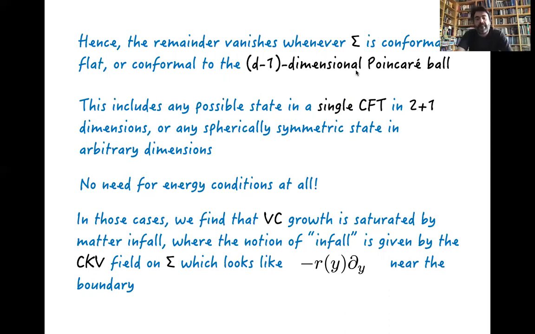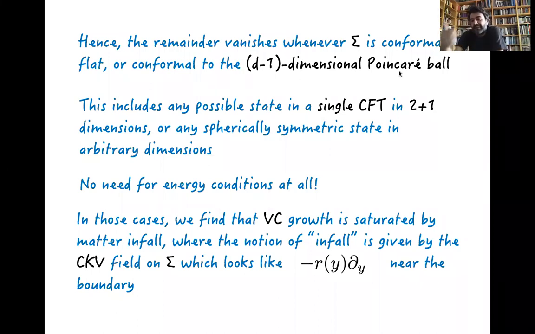Totally general. The other case is any spherically symmetric state in arbitrary dimensions, for any energy momentum tensor. So this intuition that you could approximate any matter distribution by thin shells somehow comes to pass. Any spherically symmetric matter distribution will have a sigma which is spherically symmetric, and therefore it will be conformal to a d-1 dimensional Poincaré ball.